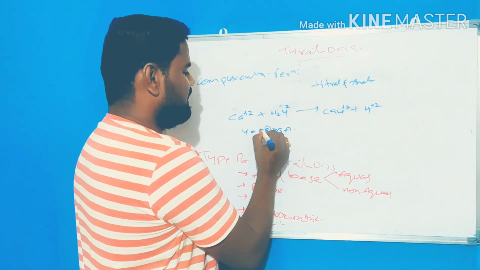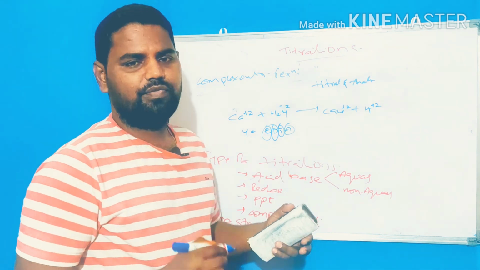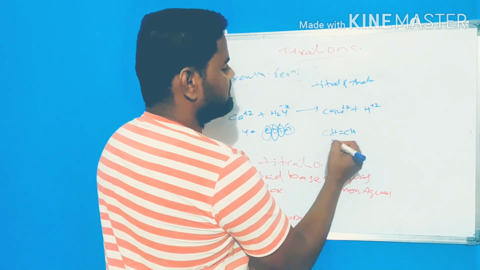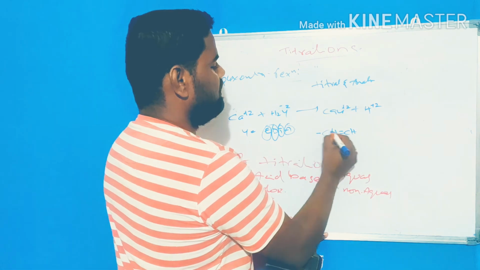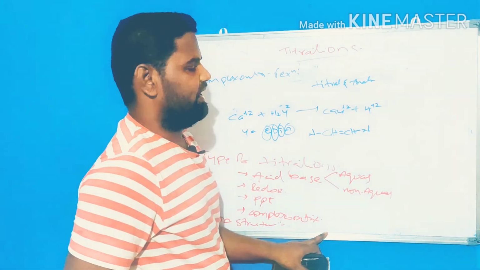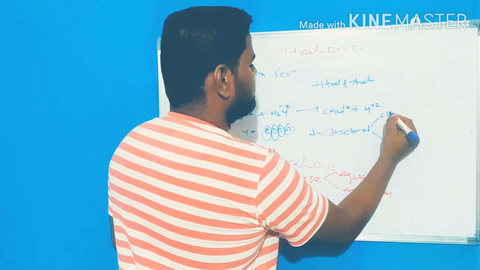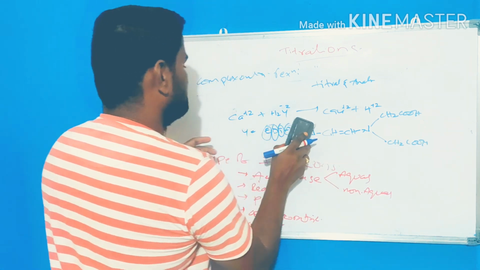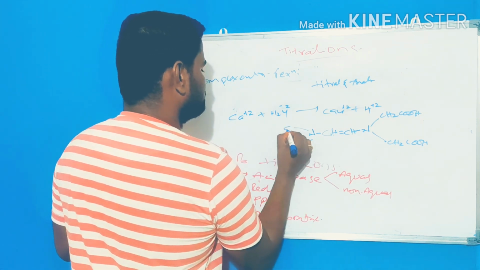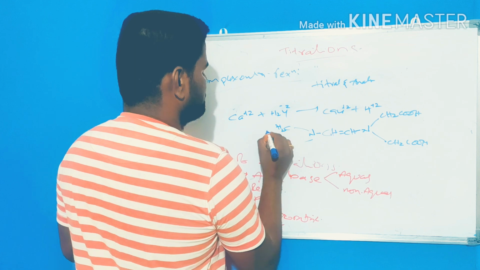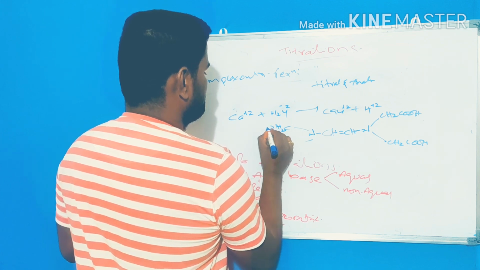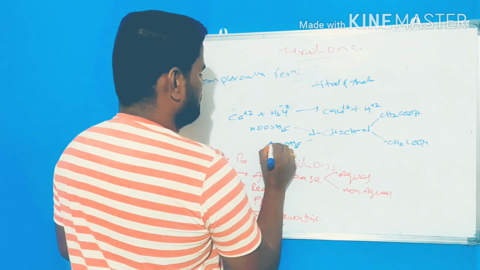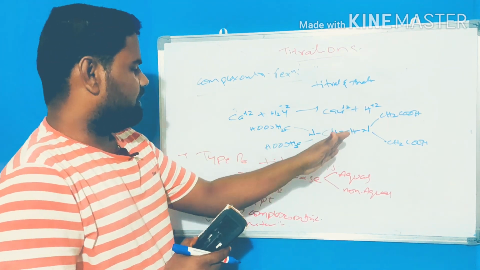EDTA means ethylene diamine tetraacetate. Ethylene is CH2-CH2, diamine, and then CH2COOH groups, four of them. This is ethylene diamine tetraacetate.